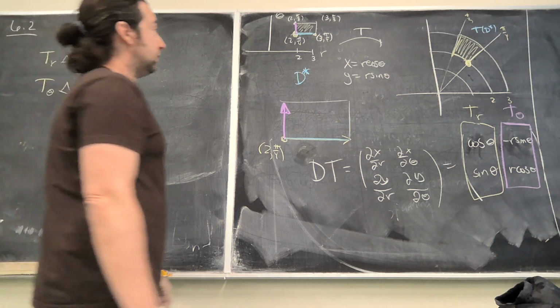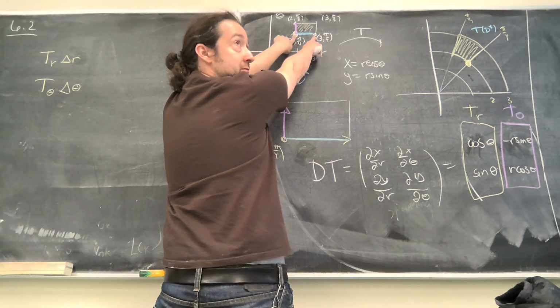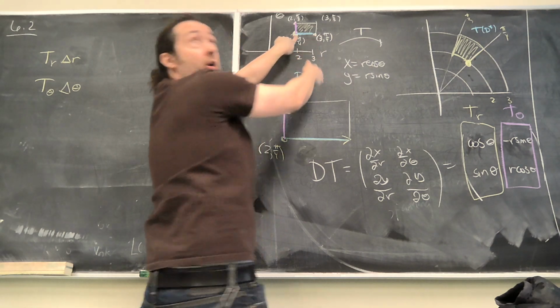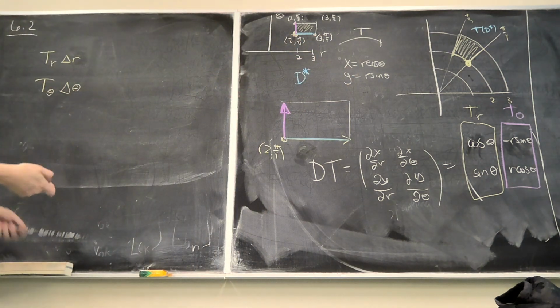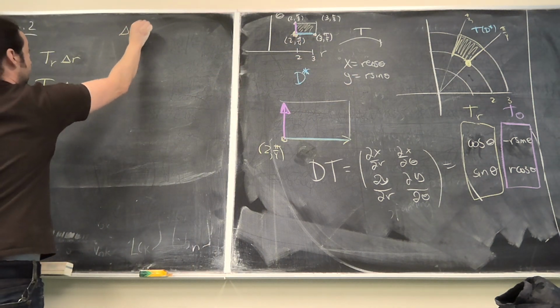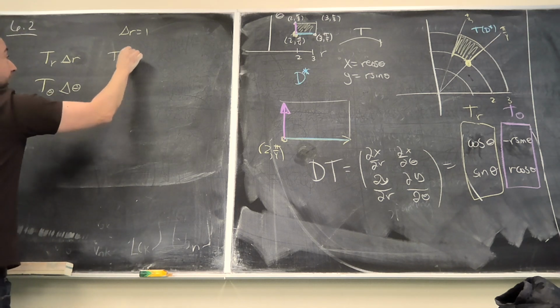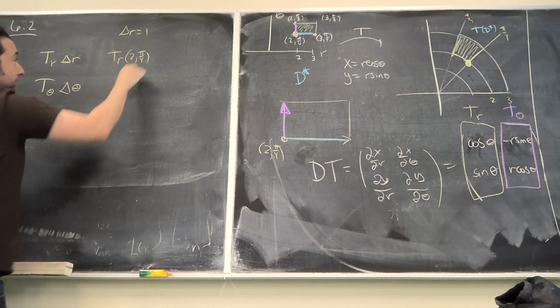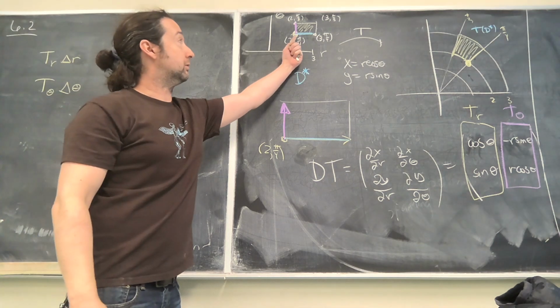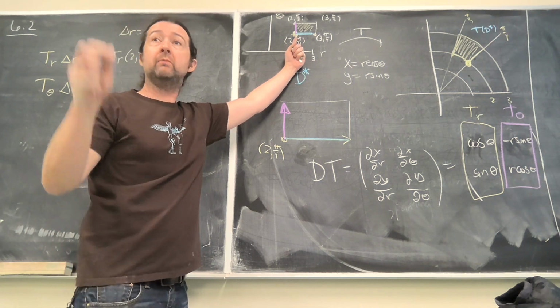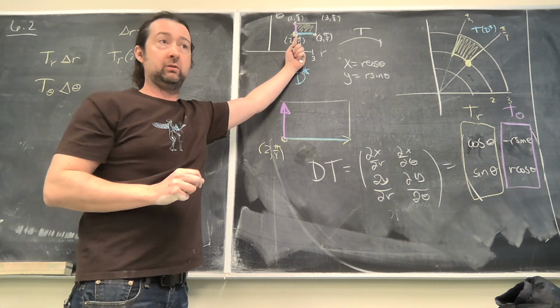So delta r is pretty easy. How far did I go in this direction? 1, right? 1 unit, from 2 to 3. So delta r is 1. What is T_r at the point (2, pi over 4)? The vectors are anchored at this position, so I'm doing a linear approximation at that position.